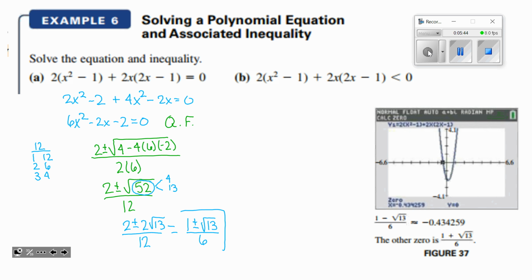This is the reduced version of those zeros. All right, so if we look at solving B analytically, we're saying when is that function less than 0? So we need to interpret what this less than 0 means. That means below the x-axis.